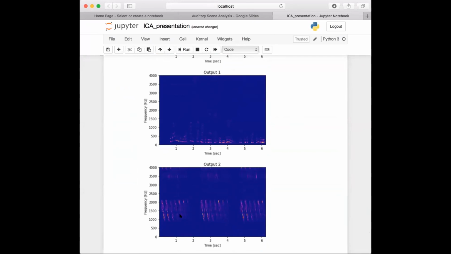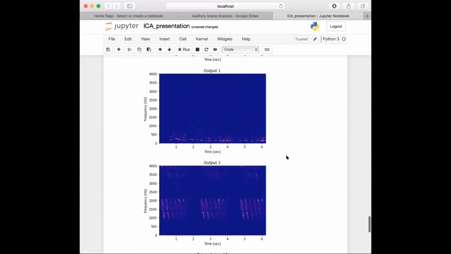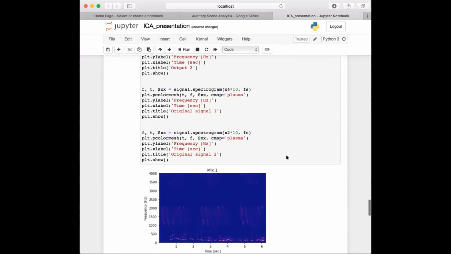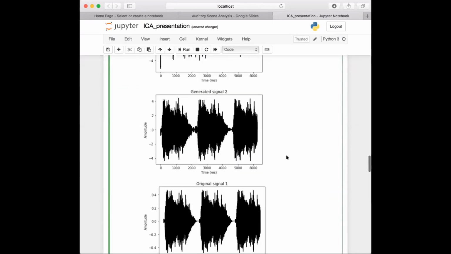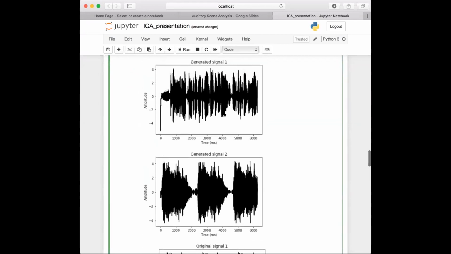Here you can probably guess that this is a siren because of the way it changes over frequency and time, and this would be somebody speaking, and we can see that the original signals are identical to the outputs that we get through ICA. We can say that in this case, ICA was quite successful, except for some indeterminacies that you've probably noticed, and Radhika will talk a bit more about now.